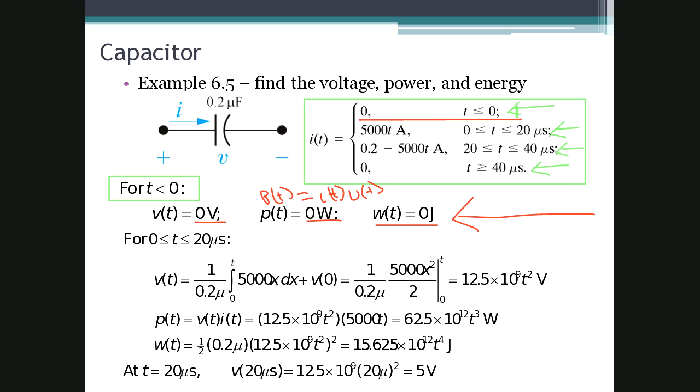Now, what's going to happen next on one of your exams is I've said I'm not going to ask you to do integration. So when I give you a problem like this, especially when your first function, your current or your voltage, is given to you as a function, I'm going to go ahead and give you the initial condition for V of t. So in other words, I'm not going to expect you to integrate.